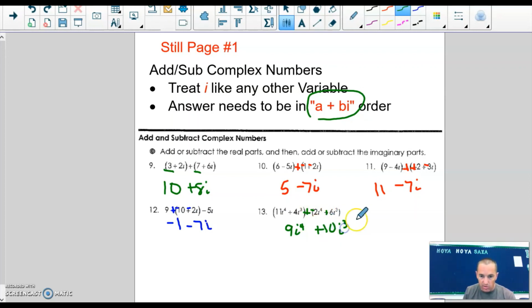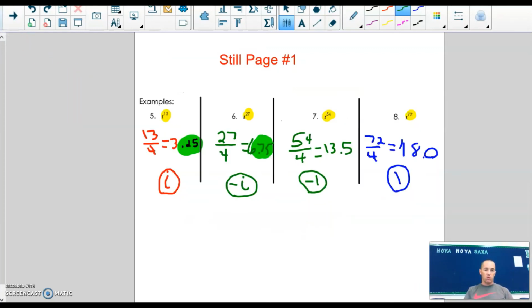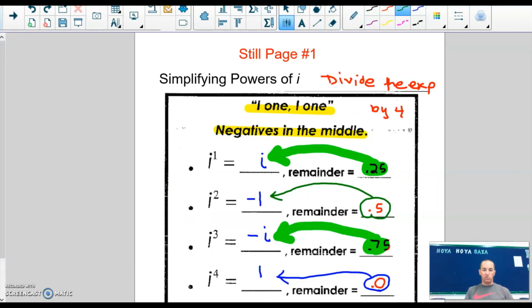All right, we can't leave things in terms of anything except i. What we saw just a few minutes ago was that there are different versions of i. So we have i to the fourth, which simplifies down to 1.